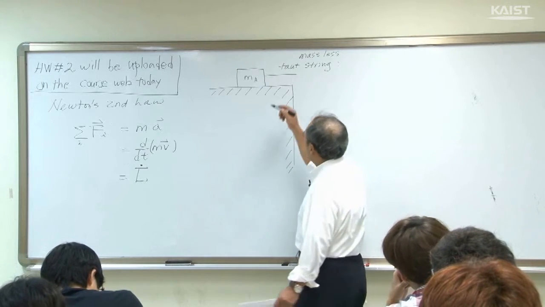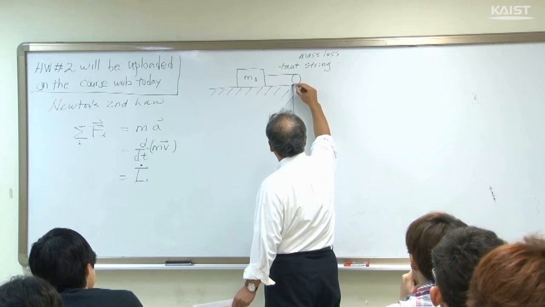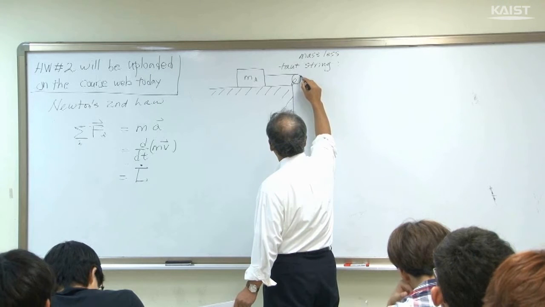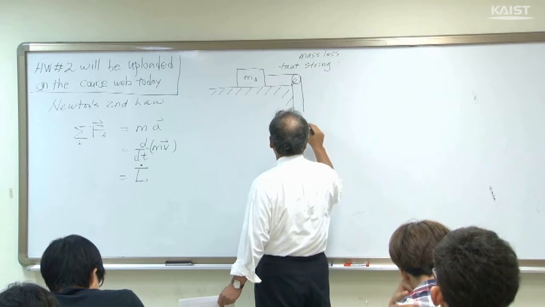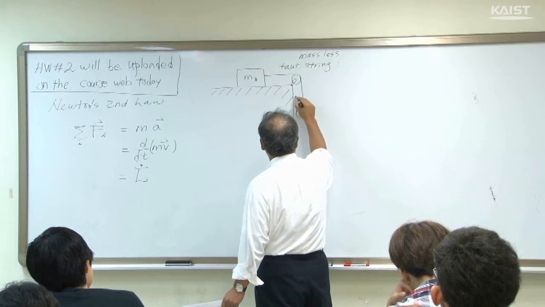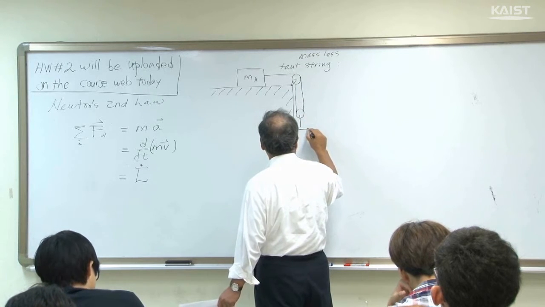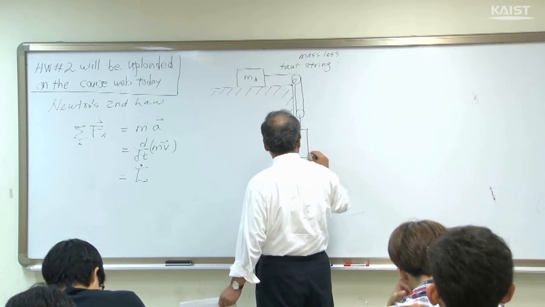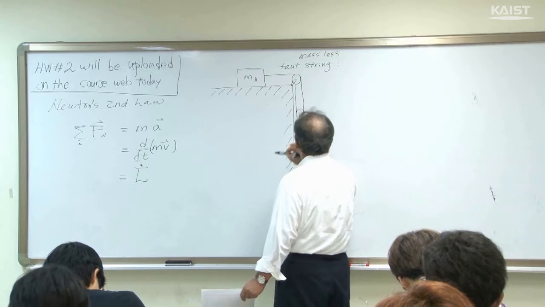And this string will go over this pulley, and the pulley is connected to another moving pulley like that, and there is another mass MB.